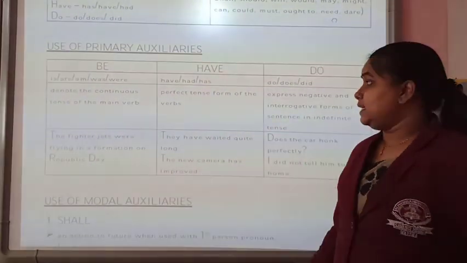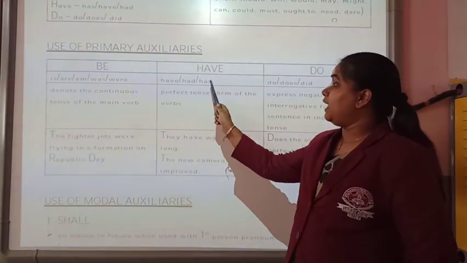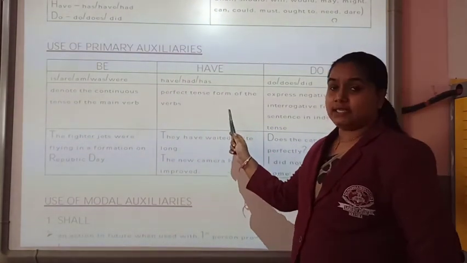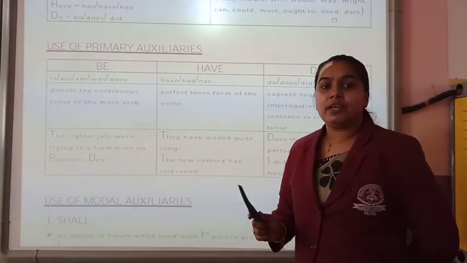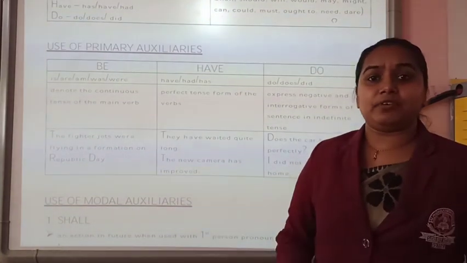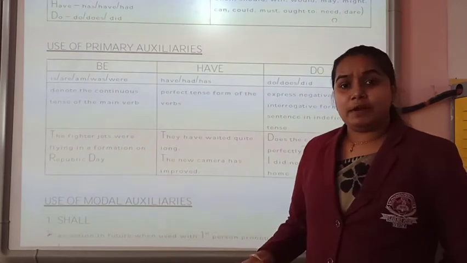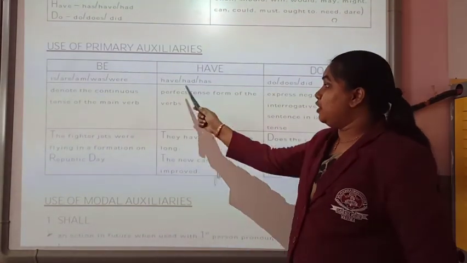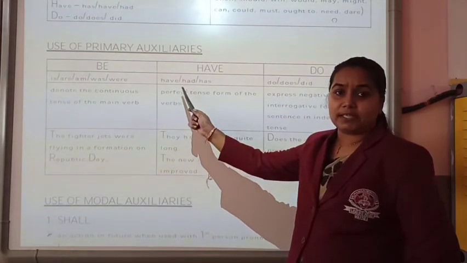Now let's see the use of have, which has three forms: have, had, has. Perfect tenses. Okay, what are perfect tenses? The work which has already finished. Perfect tenses denote the time of the action, that the work is already finished, was finished, or will be finished. Depending on that, we use has, had, and have. Has is used for the present perfect tenses.